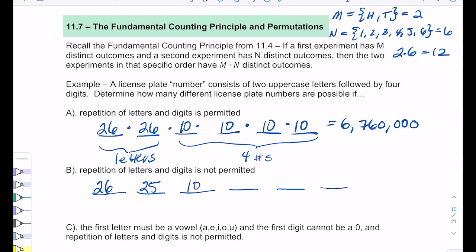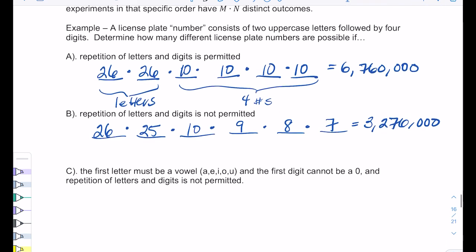I've got 10 to choose from the first time, but every time I use a number, I can't reuse it. So I only have 9 to choose from for that spot, and then 8 for that one, and then 7 that are left for the last spot. The counting principle tells me I'm going to multiply all these together, and when I do that, I end up with 3,276,000.